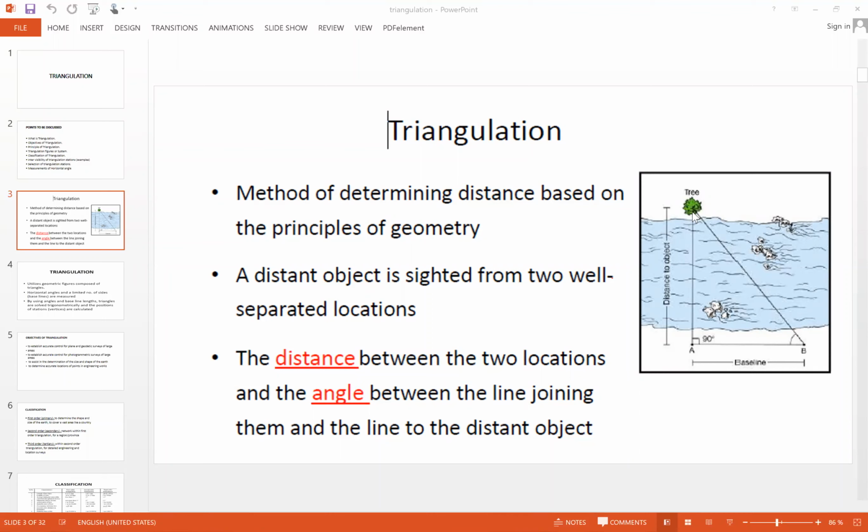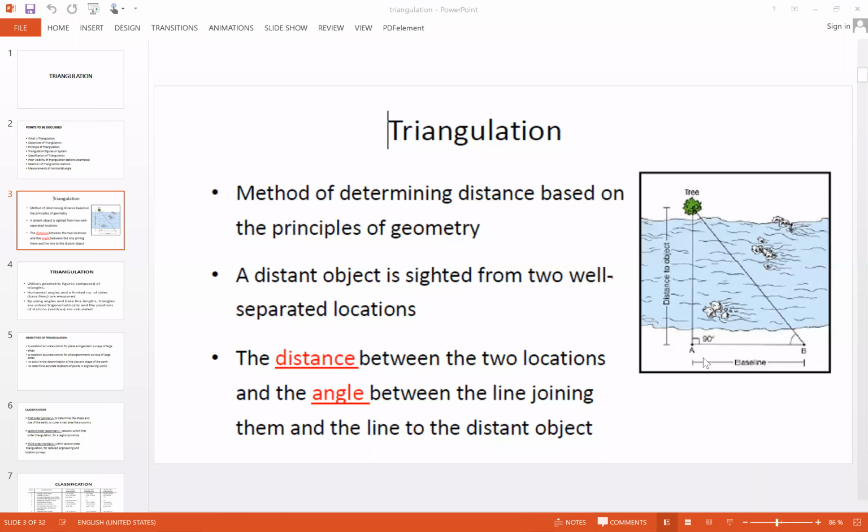If there is a river and on the other side of the river there is a tree, right? And you have to measure the distance between, let's say, point A and the tree, right? So what you're going to do is select 2 points on the same side of the river.